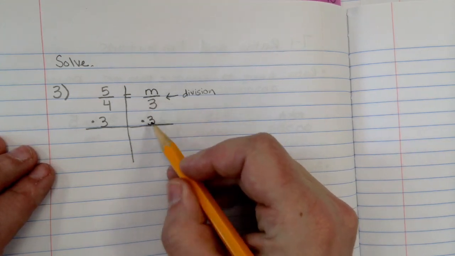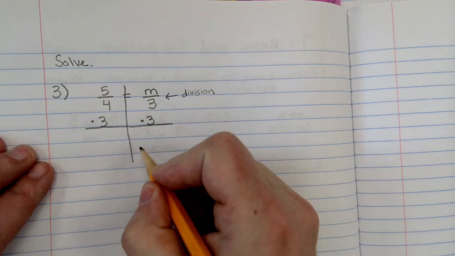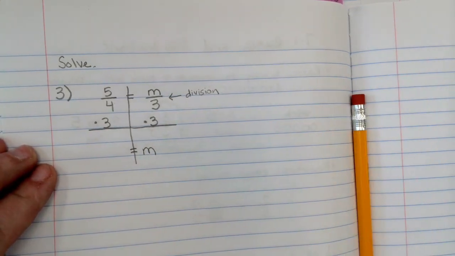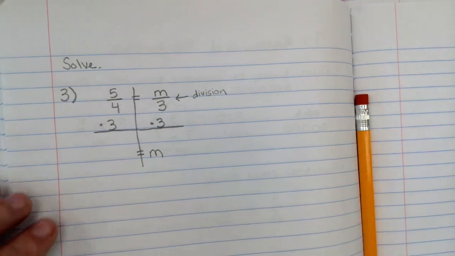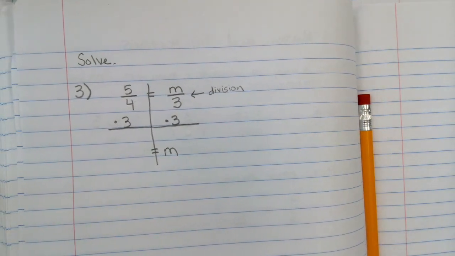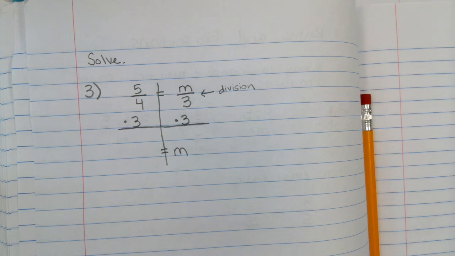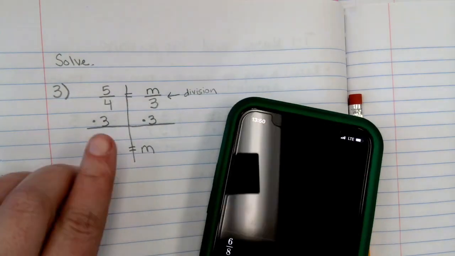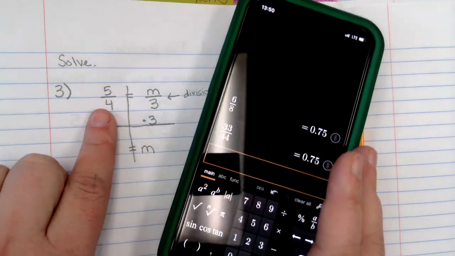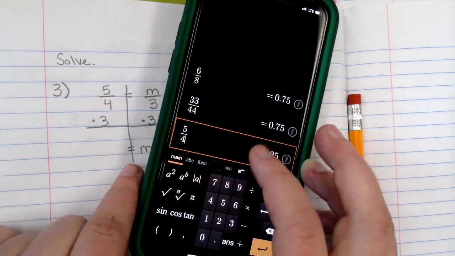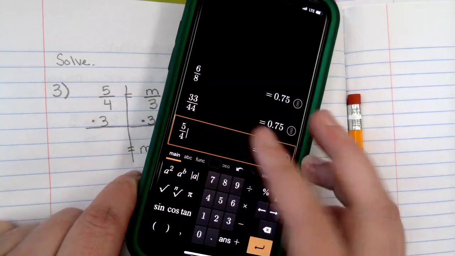On the left side, this is again where having your Desmos calculator might really help you out. Okay, 5 over 4. And then when you multiply, you're going to want to put it off to the side, times 3. And we get 3.75, or 3 and 75 hundredths.